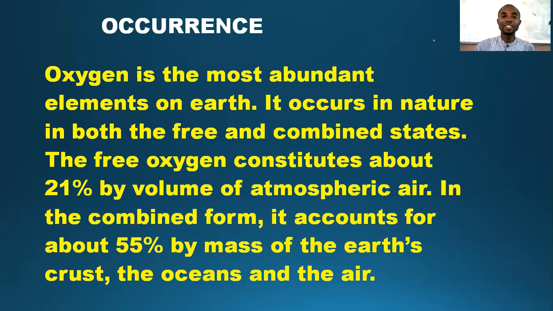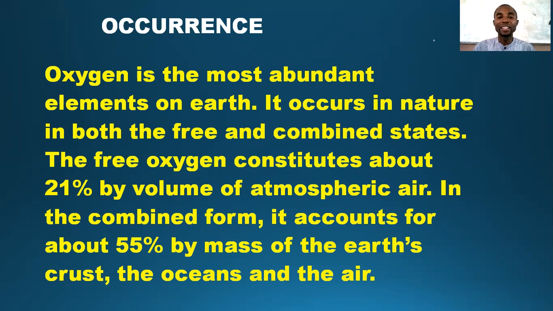Oxygen generally is the most abundant element on Earth, and it occurs in nature both in free state and in combined state. In the free state, it constitutes about 21% by volume of atmospheric air.